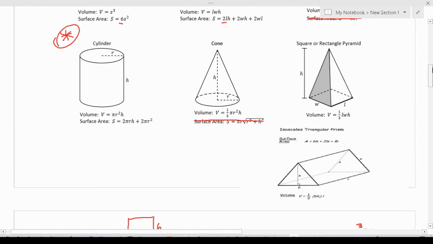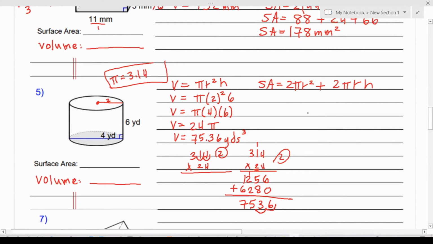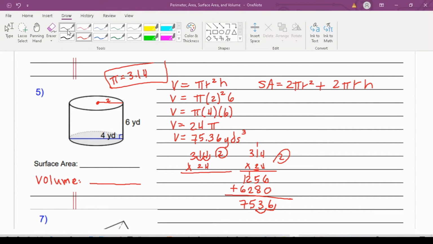Okay? And if we take a look, we can see just like that, I derived the formula for surface area. Again, just using my knowledge of area as well as circumference and what surface area is asking, I was able to derive that with no other knowledge. So in light of that, let's plug things in and solve accordingly.